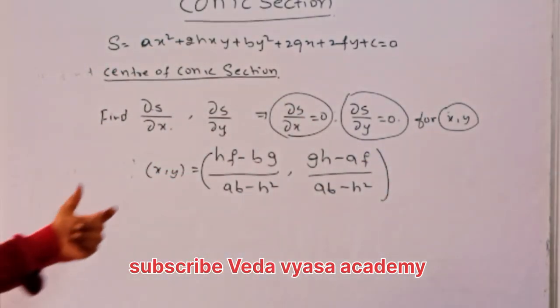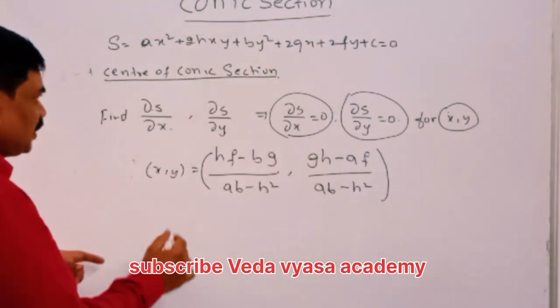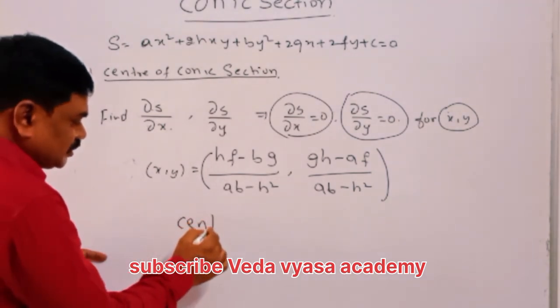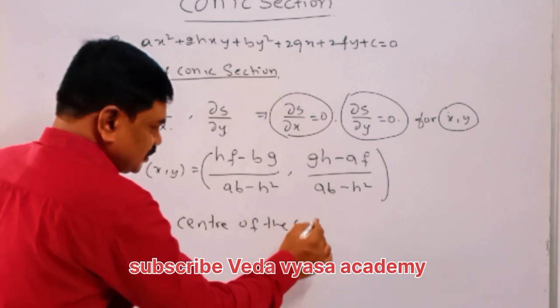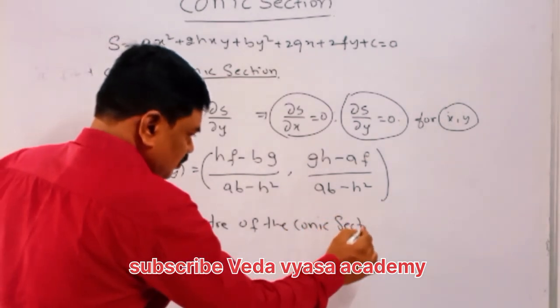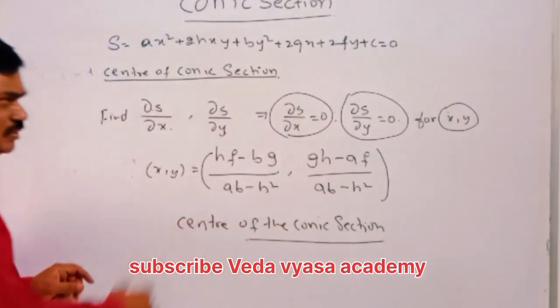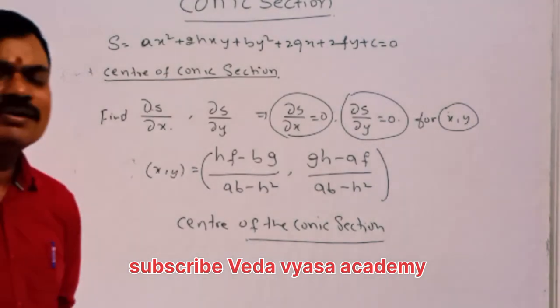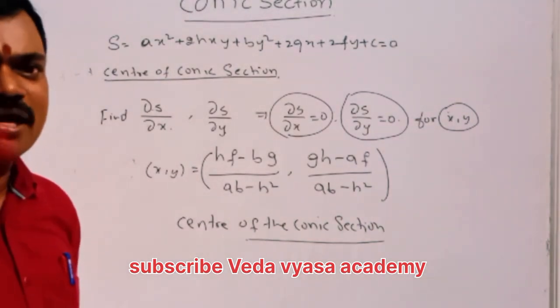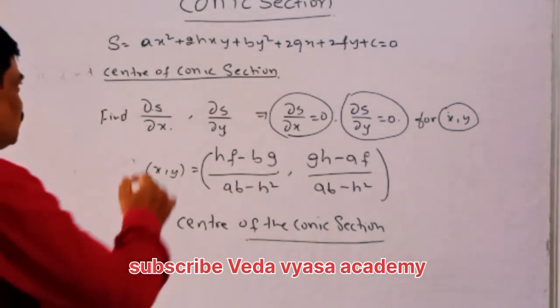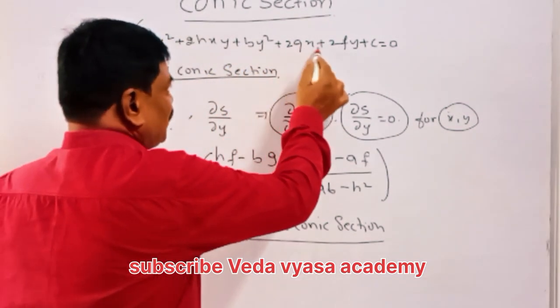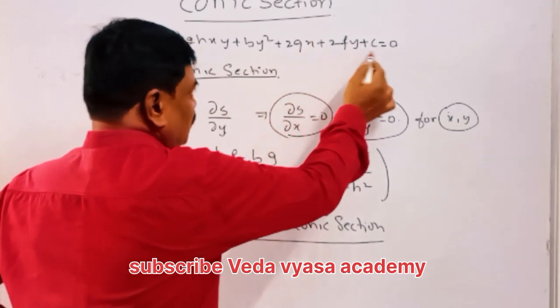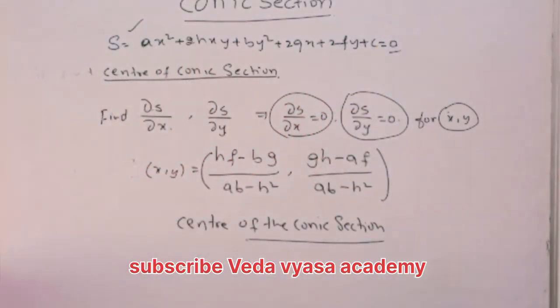This is the center of the conic section. This is very important. What is the center of the conic section? S is equal to ax square plus 2hxy plus by square plus 2gx plus 2fy plus c is equal to 0.